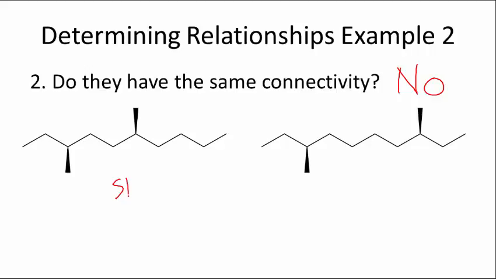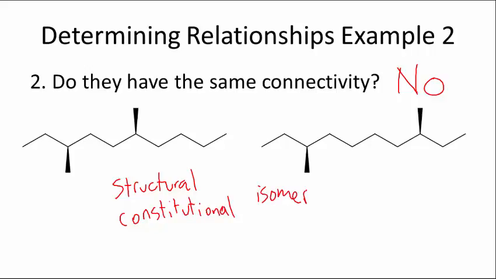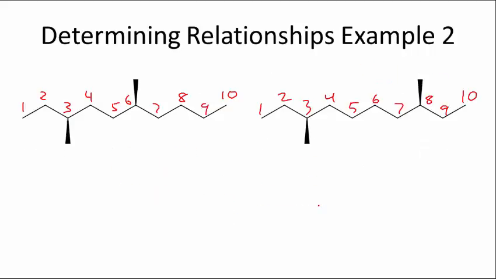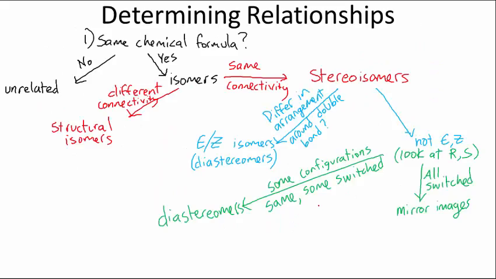Structural isomers, or constitutional isomers. All right. So those are our first 2 steps on the flow chart. Do they have the same chemical formula? Do they have the same connectivity or different connectivity?